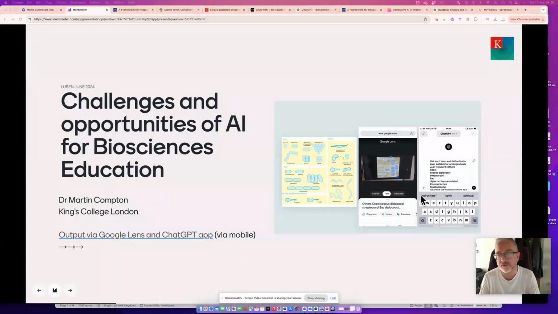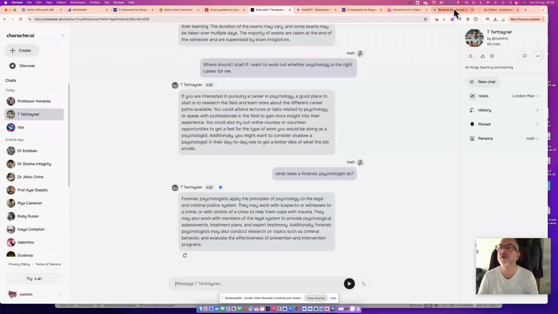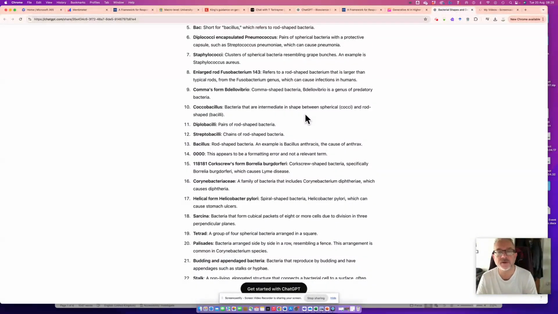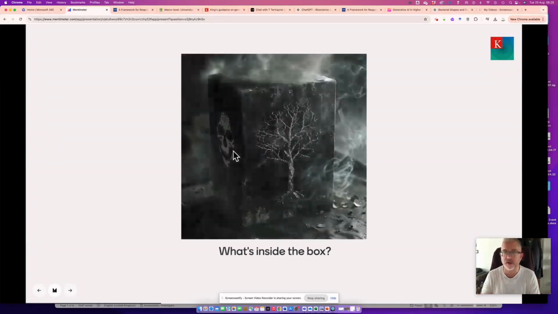I asked it to extract the text, which I then copied and pasted into ChatGPT, and asked ChatGPT to explain in plain language what each of these images showed. And I showed my daughter how she could then interrogate that further and define the level that she wanted it to be defined at. I will share these slides and you can have access to the links.